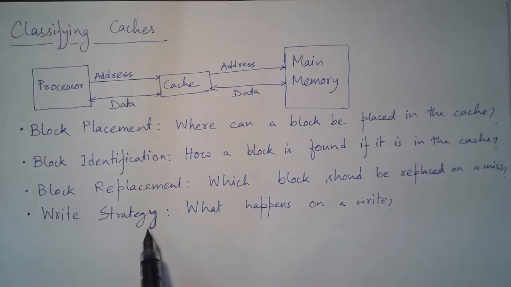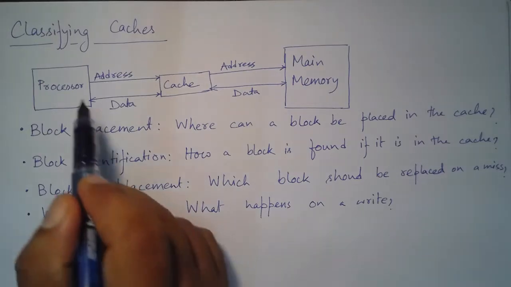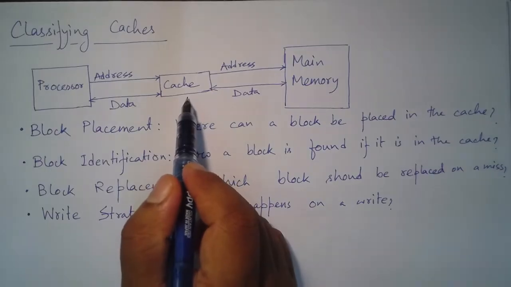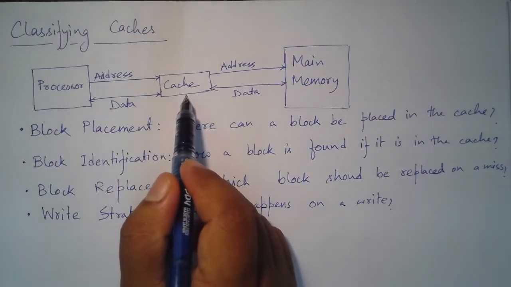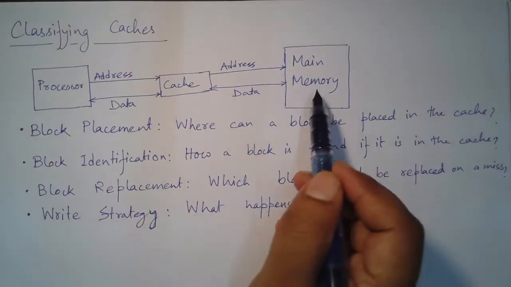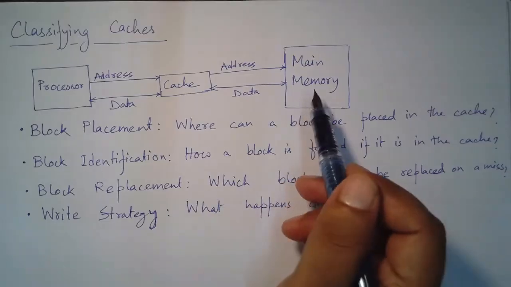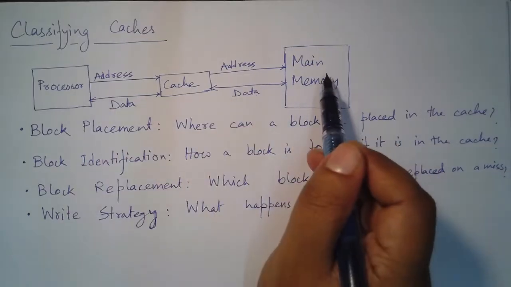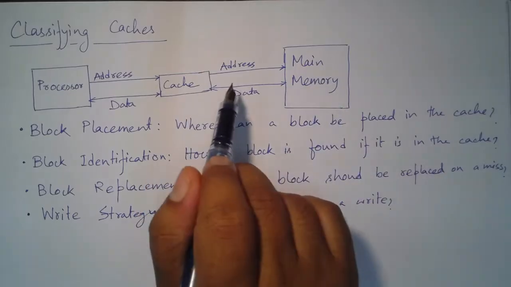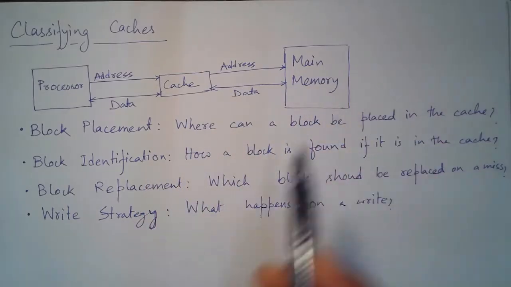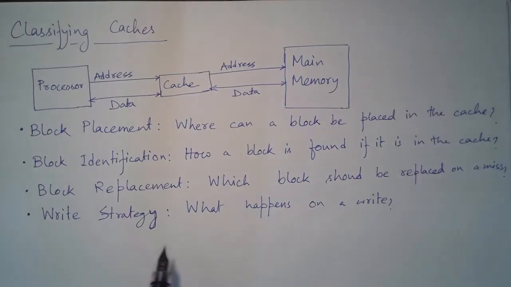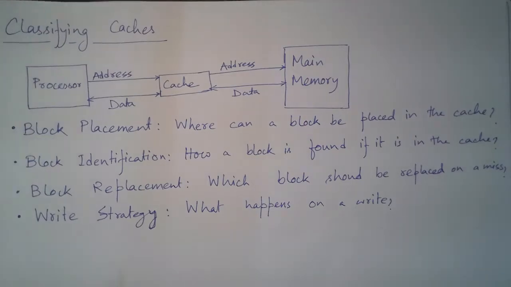And finally the write strategy: whenever you need to write something in the memory, do you only write it into the cache, or do you write it into the main memory in one go, or if the data is not available in cache, do you directly write it in the main memory without bothering the cache? All these things can lead to different classifications of caches. All right. Okay, feel free to ask questions if there are any.